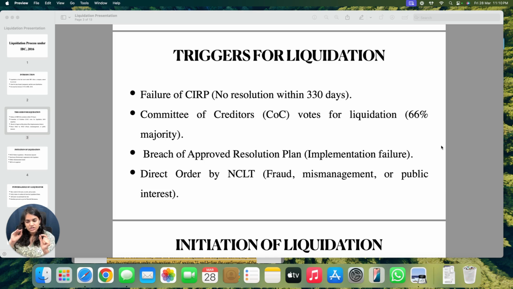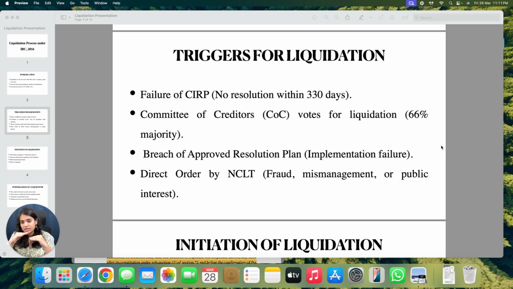Amongst the valuations identified, the liquidation value, which is the lowest possible value or the minimum value that will definitely be achieved upon the sale of the assets, will be taken. And if this liquidation value and the estimate of liquidation costs, so the creditors are to look at this.